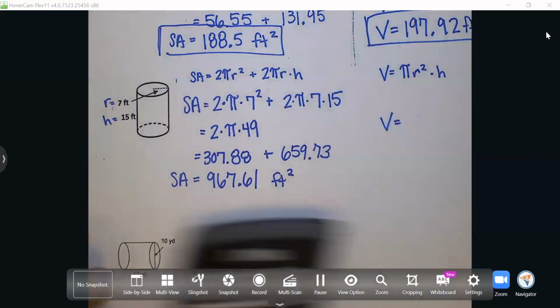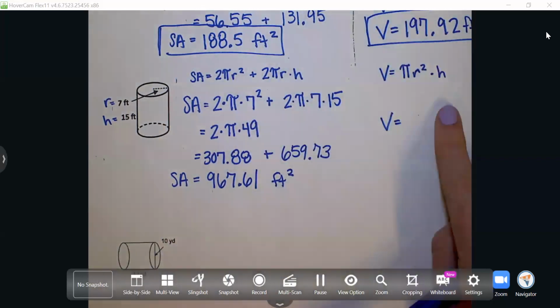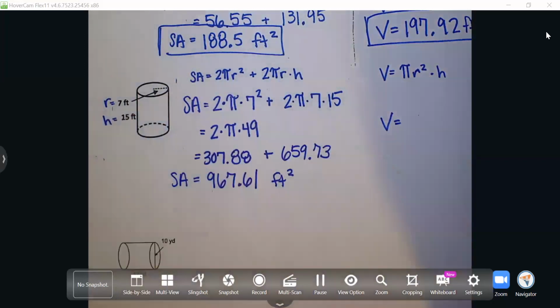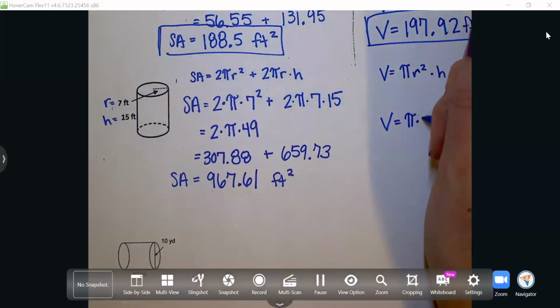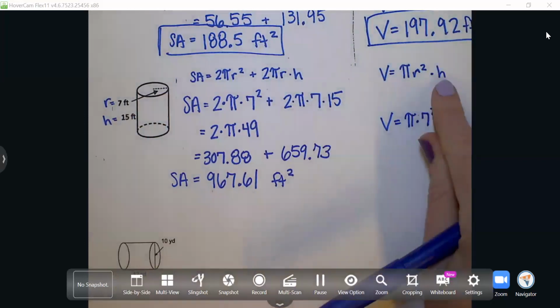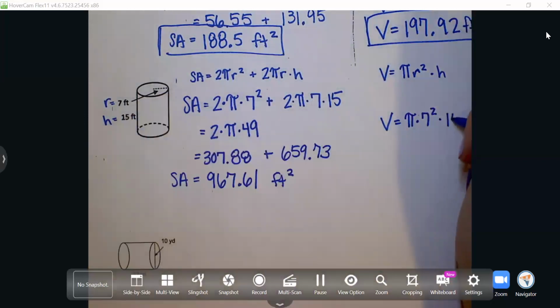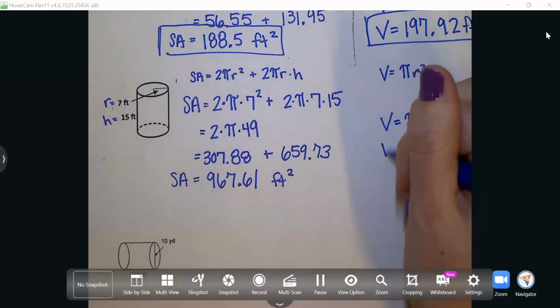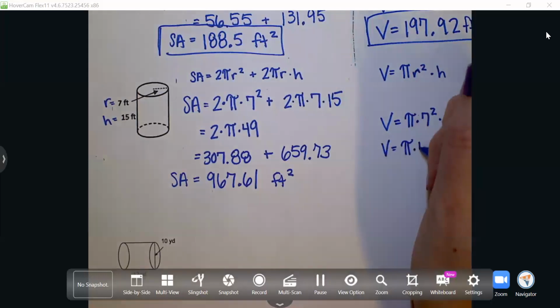Volume, same formula from above, pi times r squared times h. My r is 7, so I'm doing pi times 7 squared. My height is 15. Exponents first, 7 times 7 is 49. So pi times 49 times 15.